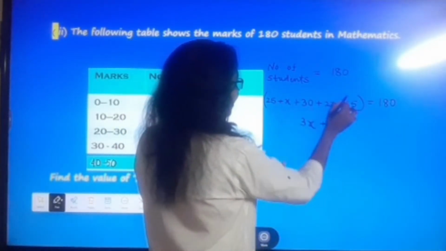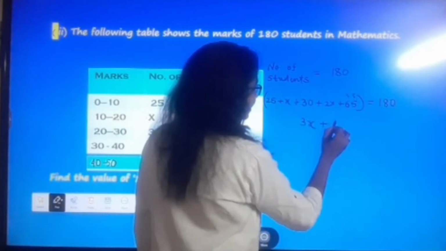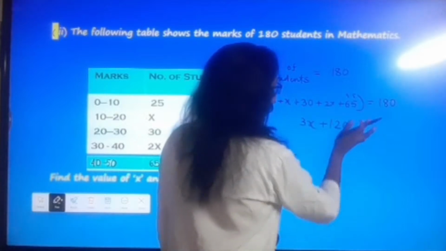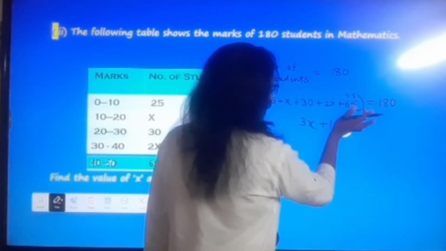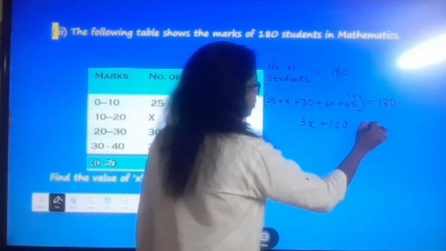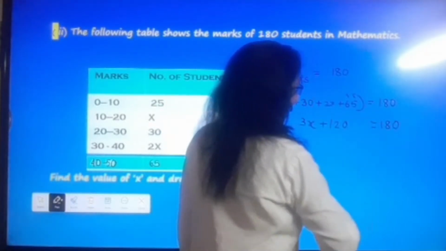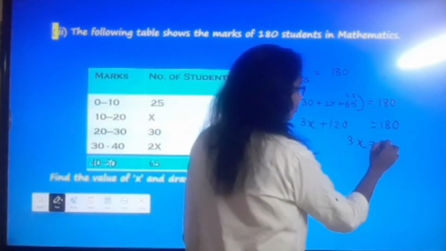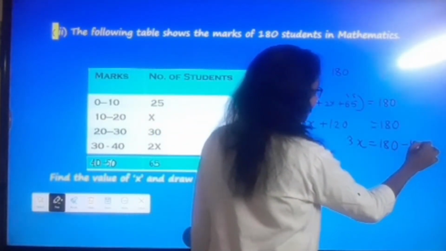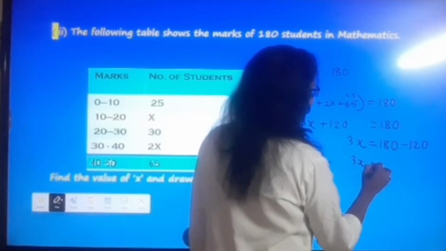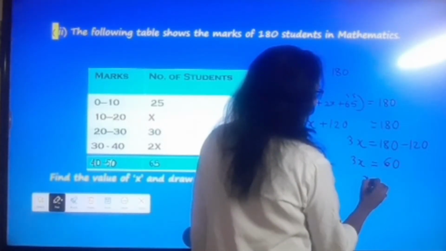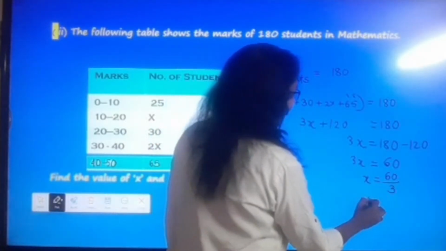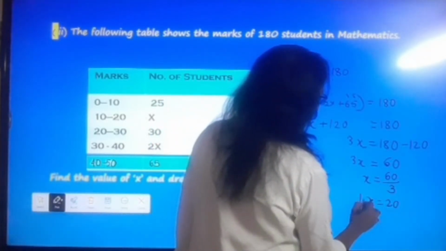That is 55, and 55 plus 65 is 120. So 3x is equal to 180 minus 120. So 3x is equal to 60. So x is equal to 60 upon 3. Okay students, so now x is equal to 20.